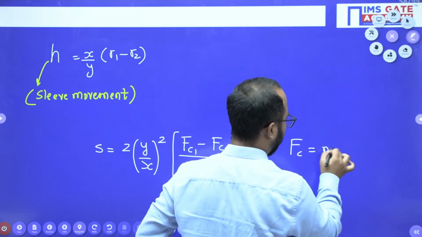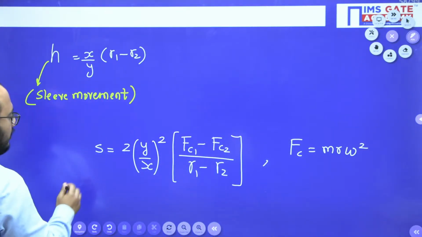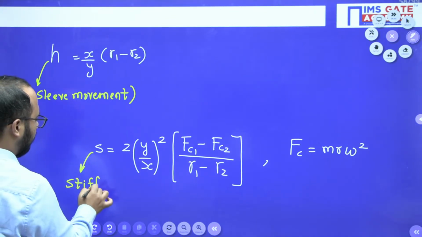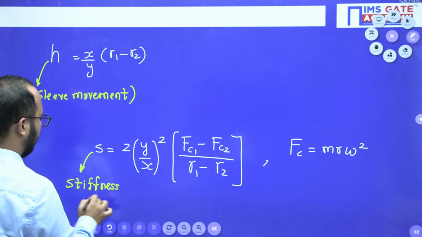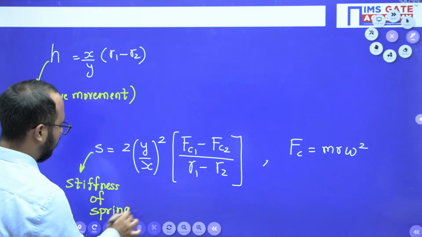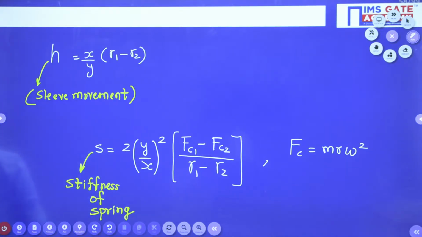It will be nothing but mR omega square, like this. So this formula is the stiffness of the spring. Yes everyone, please tell me first, is this clear? So 2 into (Y by X) whole square into (FC1 minus FC2) divided by (R1 minus R2). This formula is very important in the case of governor, right?